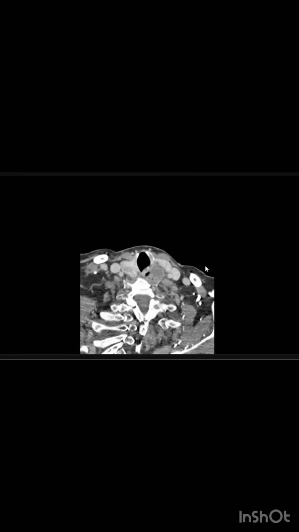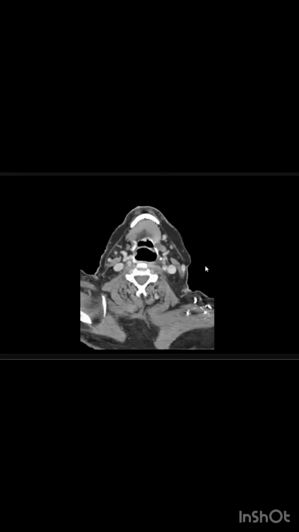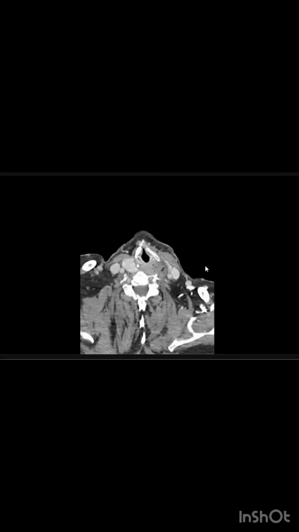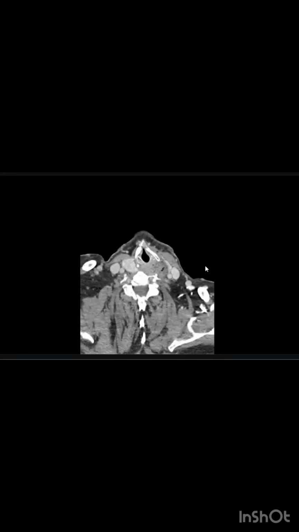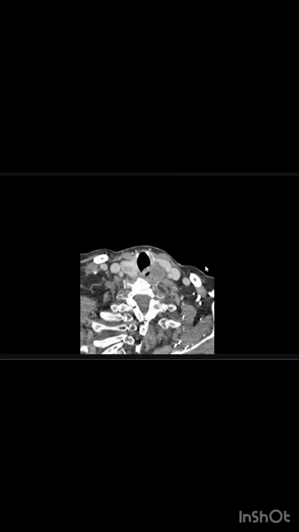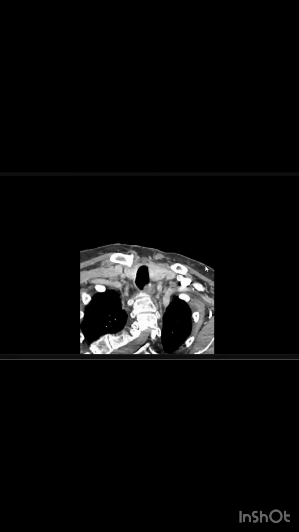Okay, ignore calcification. What's your suspicion of this lesion? In these provided post-contrast images, there is a mottled mixed density lesion appreciated in the region of the pharyngoesophageal junction with associated dilatation of the esophagus.